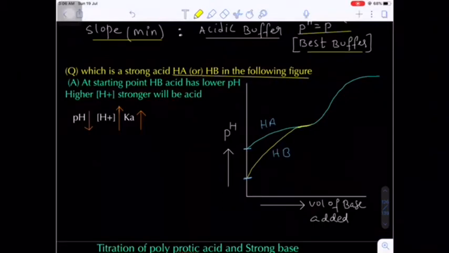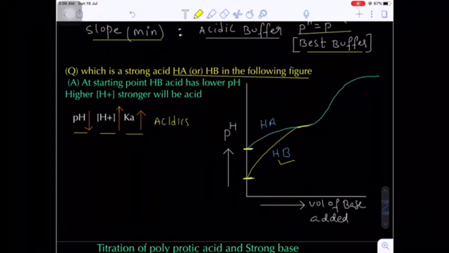Okay. Now here one question is given: which is the strong acid, HA or HB, in the following figure? So here two graphs are given for HA and HB. On the y-axis is the pH value, on the x-axis the volume of the base added. Now if you see HA and HB, initially which acid has the lower pH value? HB.